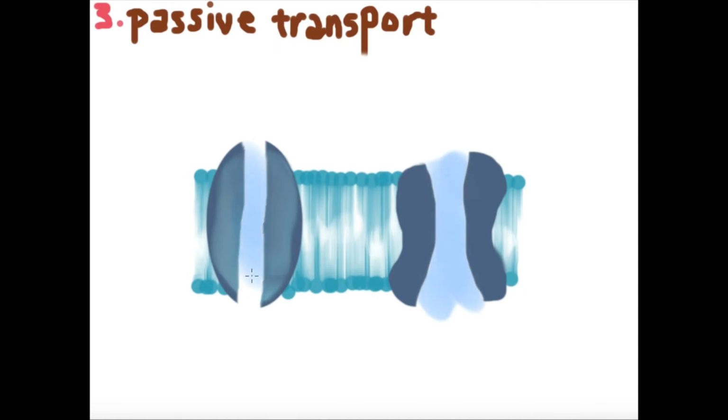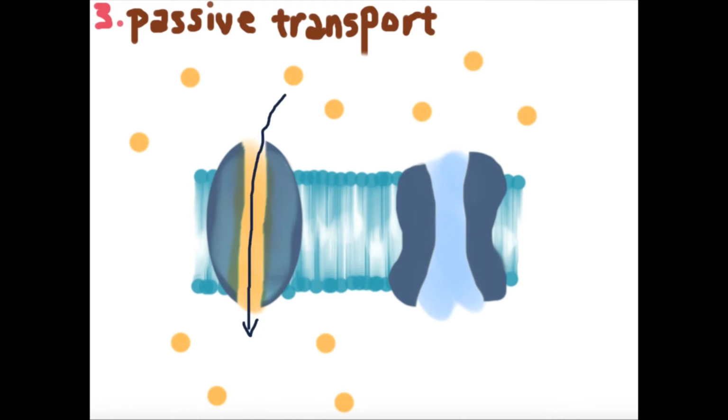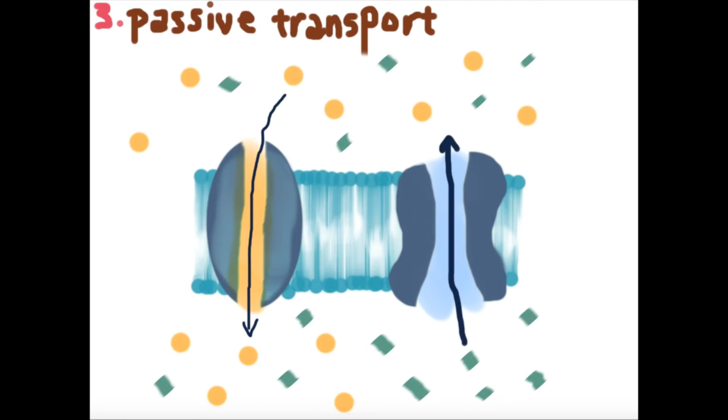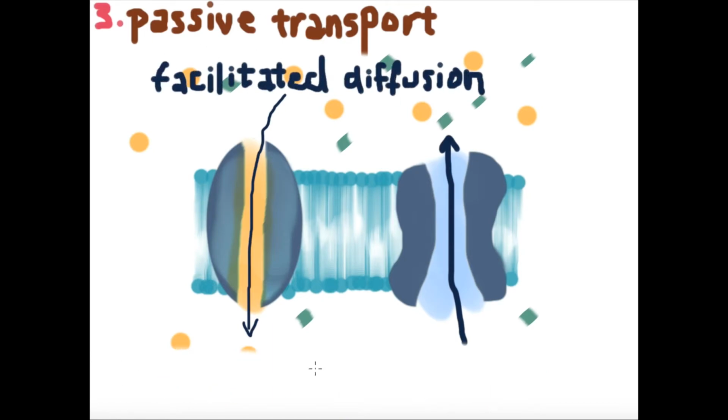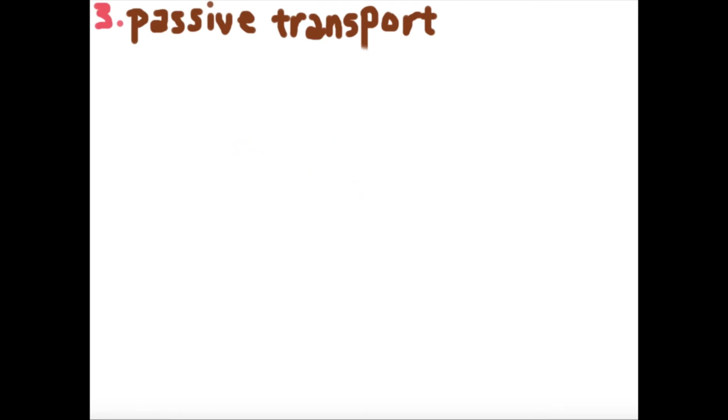These two blob type things that I'm drawing right now represent transport proteins, because facilitated diffusion is simply the movement of molecules via a transport protein. And lastly, we have osmosis.